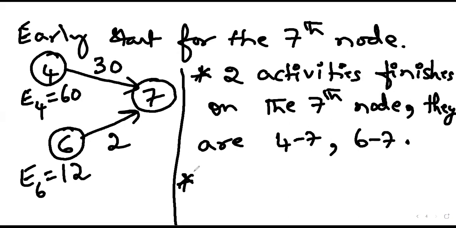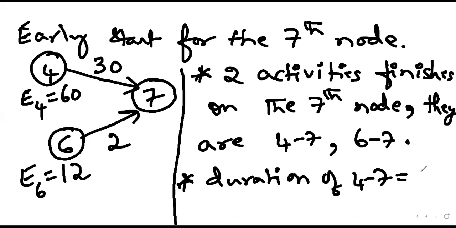The duration of 4-7 is 30 days, and the duration of 6-7 is 2 days. Just make note of this.